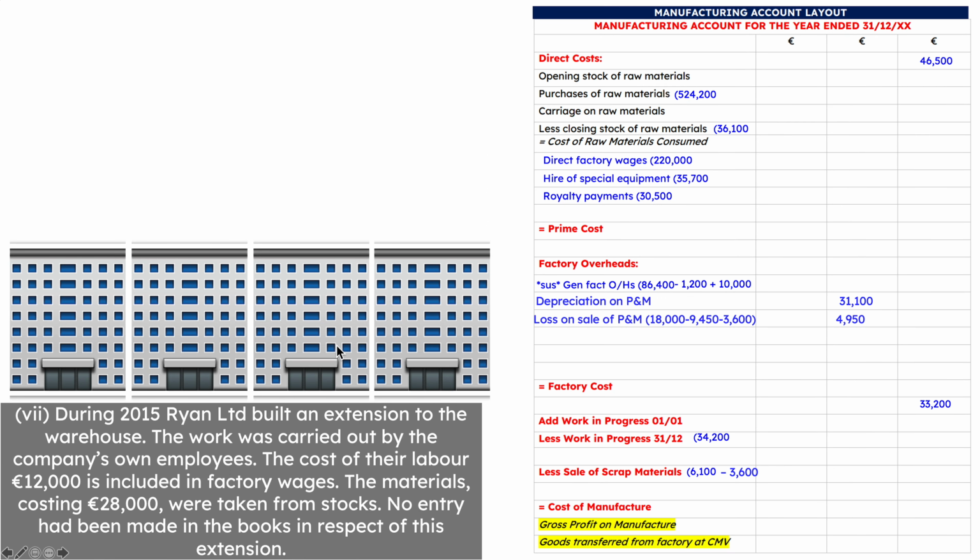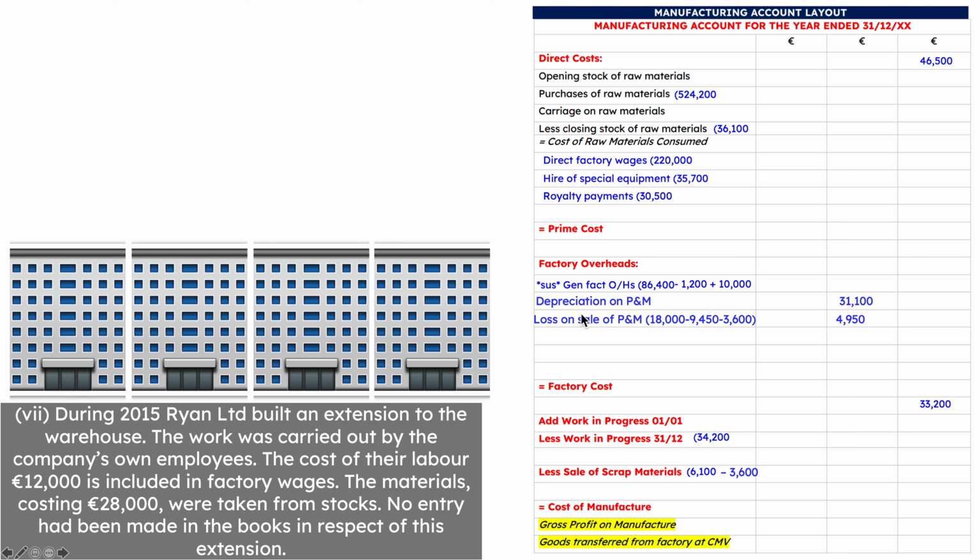Right, now, the business paid the employees' wages, and the employees built the extension, right? The stock was used to build the extension, okay?